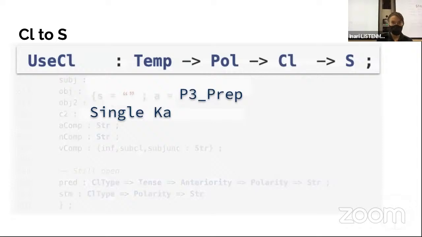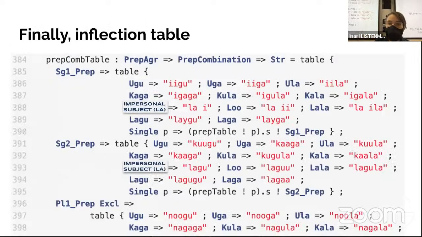So now, how do we make this into an S? We look at the PrepAgr in the object and the prep combination in the C2. Then we have the inflection table that I promised you. It's actually just an oper floating around in this resource module.